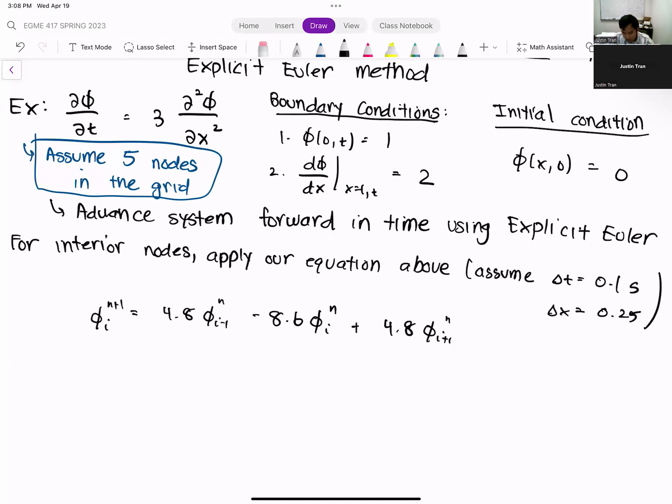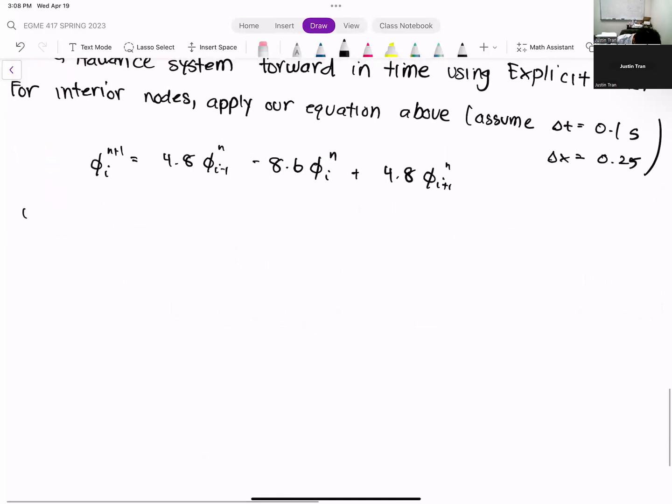Okay, so for a 5-node grid or 5-node mesh, we have 3 nodes in the interior: nodes 2, 3, and 4 are our interior nodes. So we have i equal to 2, i equal to 3, i equal to 4.